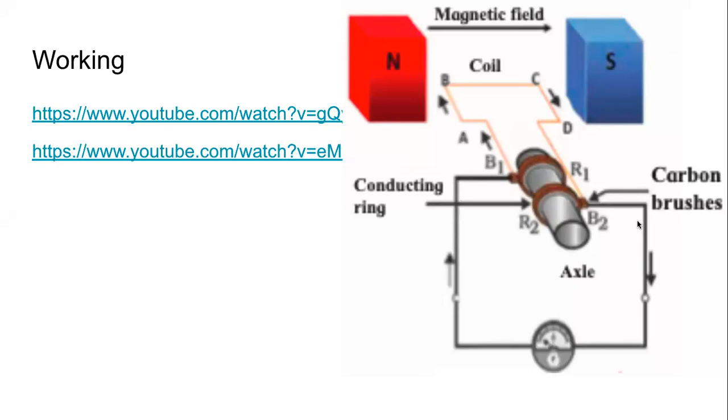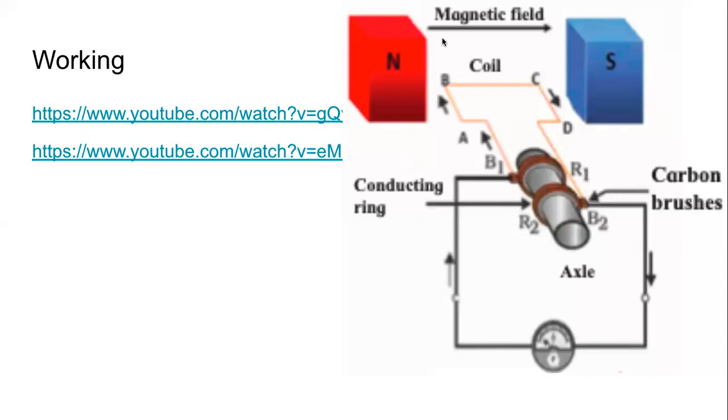The armature, the coil cannot be connected to the brushes, because the brushes are connected to the external wire. If the brushes are connected to the coil also, then the wires will get entangled. It is not possible. It will be a disaster. The coil has to be connected to the rings.